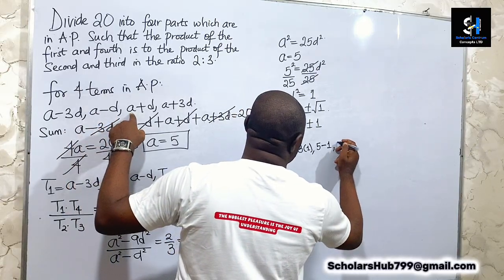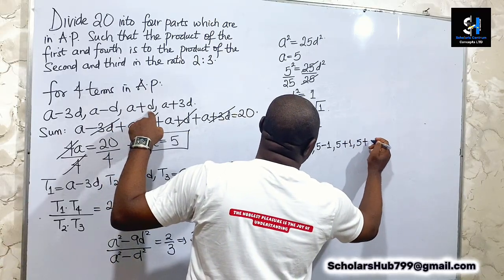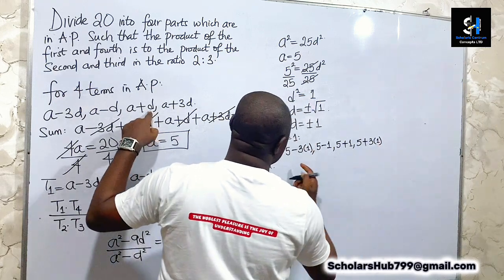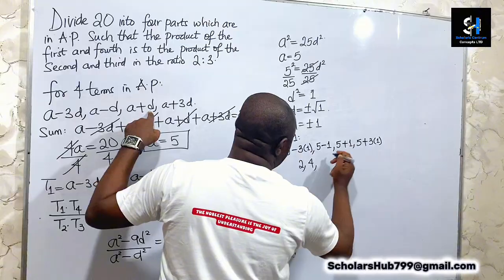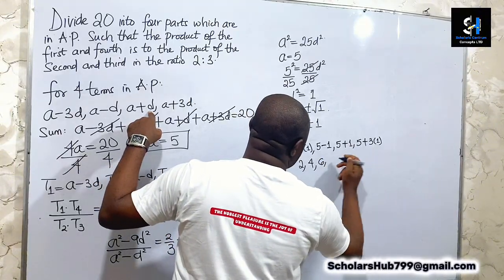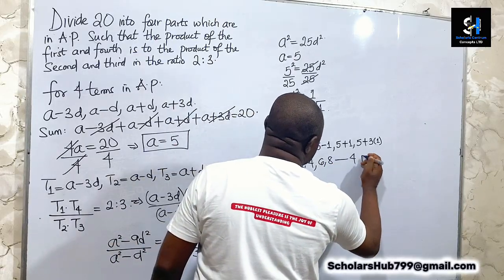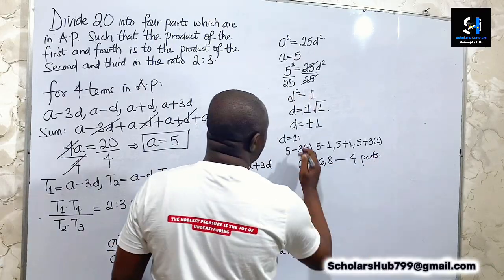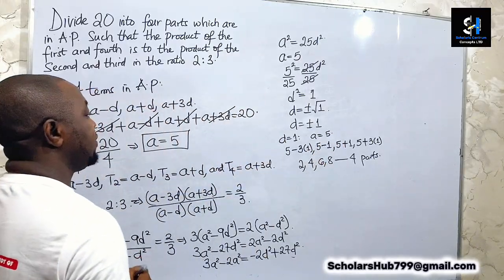For the third part, it will be 5 plus 1. Then this is 5 plus 3 times 1. So this will give us 2, 4, 6, 8. These are the 4 parts when d equals 1 and a equals 5.